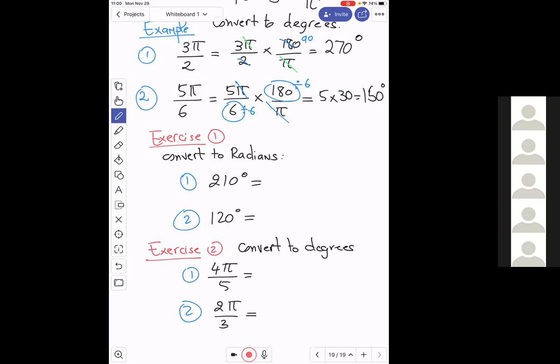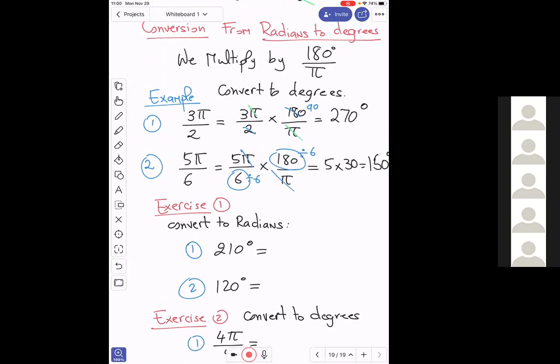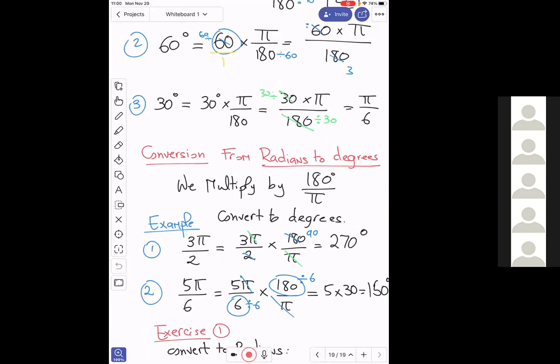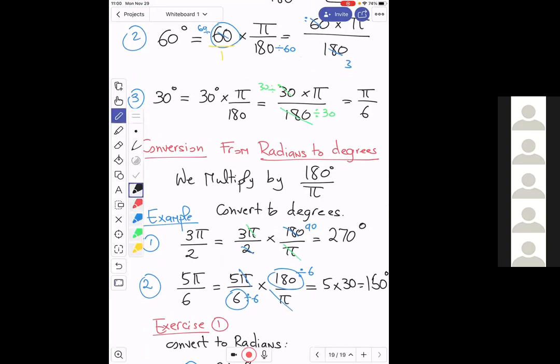Like in my previous example, for this 30 degrees, I kept the pi in the answer. I didn't divide 3.14 by the 6, right?